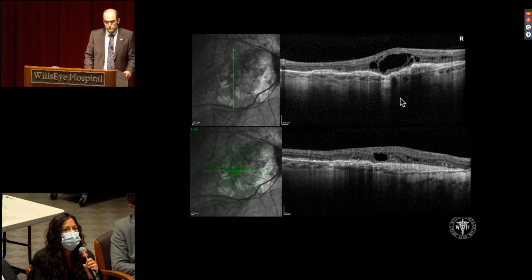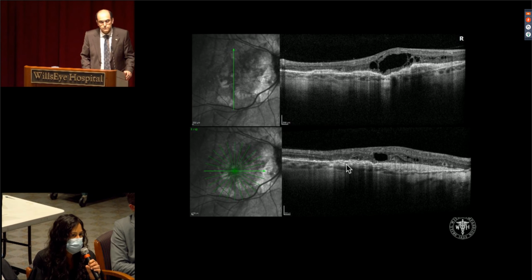And then looking at the horizontal cut, similar findings, kind of cystic changes centrally, and there's kind of this broad base, hyper-reflective, looks like some type of possibly fibrovascular complex here. I think we're kind of just above or maybe over that area that was lighting up on the FA.